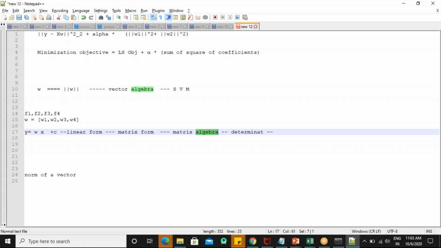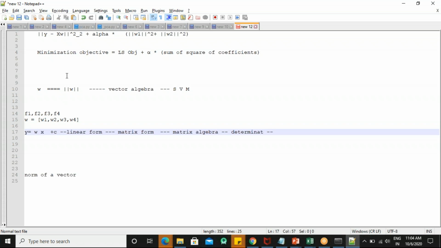No, mathematics no one will teach you. You have to study. No one is going to teach you, but I give the inputs during my classes so that you can study. So study vector algebra, study matrix algebra, and the most important are calculus and linear algebra.